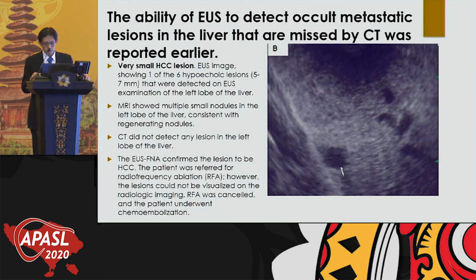This shows the ability of EUS to detect occult metastatic lesions in the liver that could possibly be missed by CT, as reported earlier.